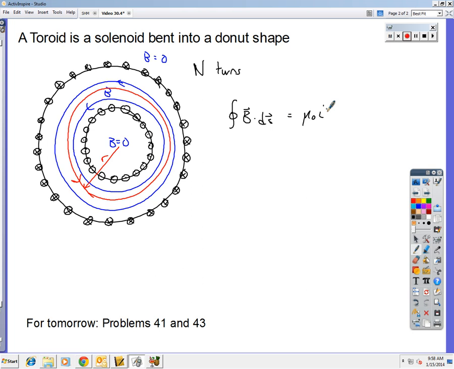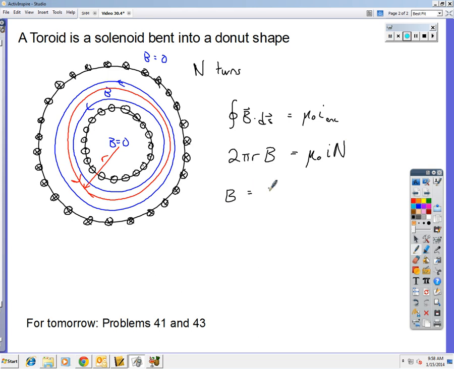Because the magnetic field always points the same way as ds, B dot ds just equals the length of the loop, 2 pi r, times B. Mu naught is a constant, and the enclosed current is just the number of loops times the current in each one, because all of the turns in the toroid end up going through the interior of the Amperian loop. So it's I times capital N.